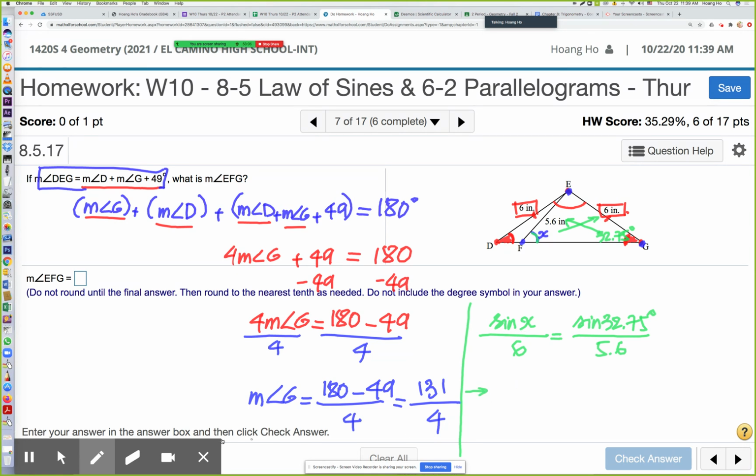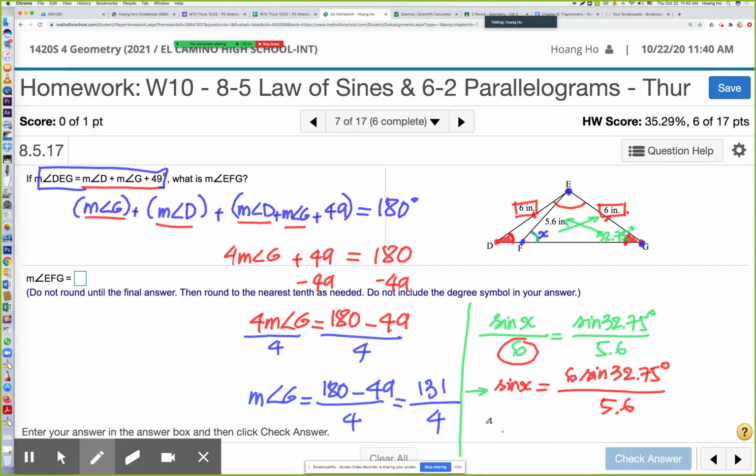If you want to find only the value X, I don't want the number 6 here, so I cross the 6 up here. So sine of angle X equals 6 multiplied by sine 32.75 degrees over 5.6.